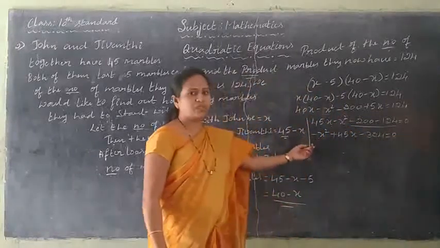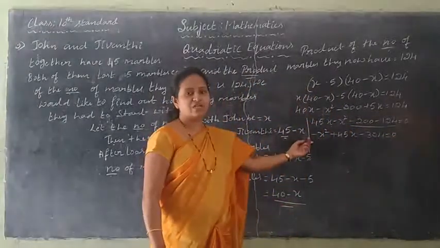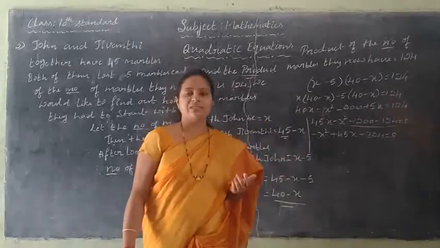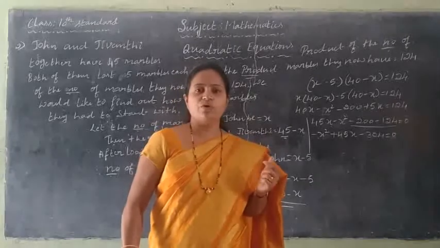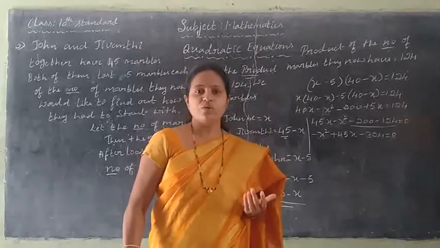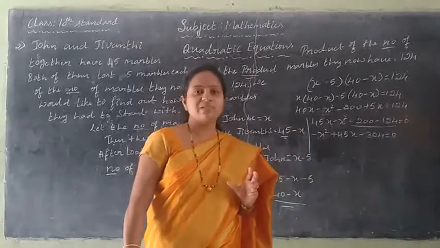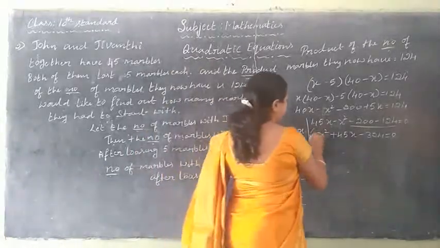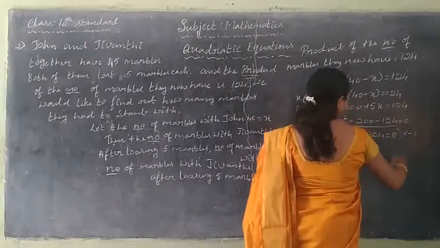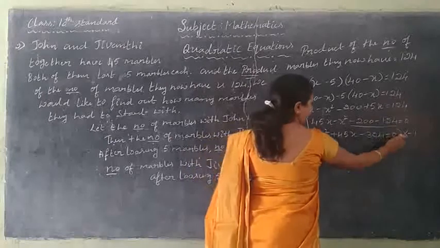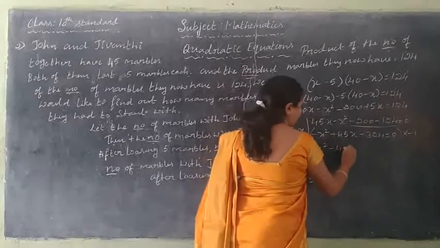So we got the equation. But in this equation, there is a negative sign at the beginning, children. As I told you in earlier classes, if there is a negative sign, we have to make it positive. So what do we have to do for that? Yes, we have to multiply the complete equation by minus 1, children. Multiply by minus 1. Minus into minus is plus. Here, minus into plus is minus 45x.